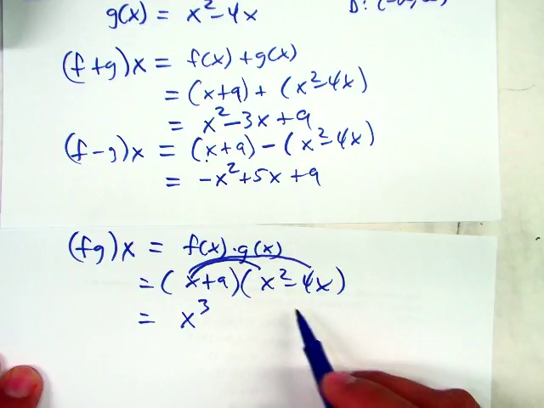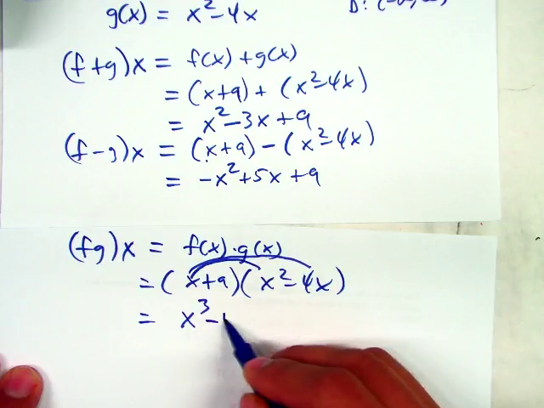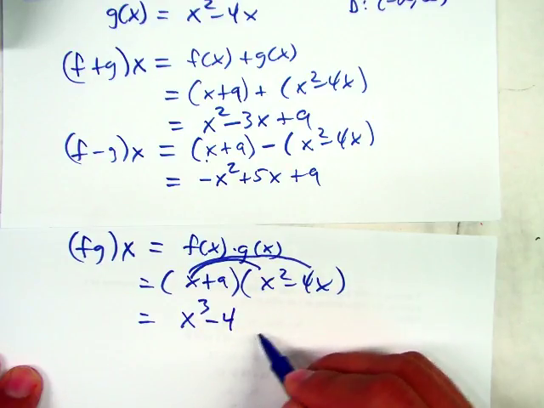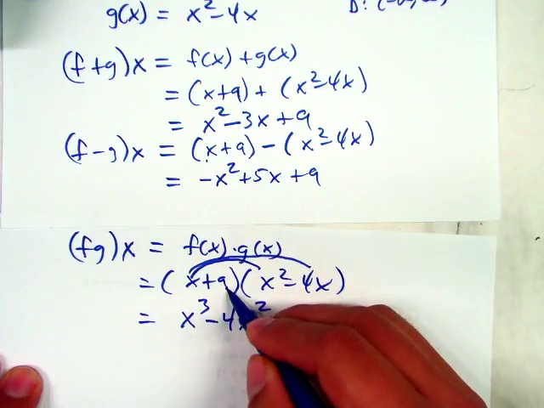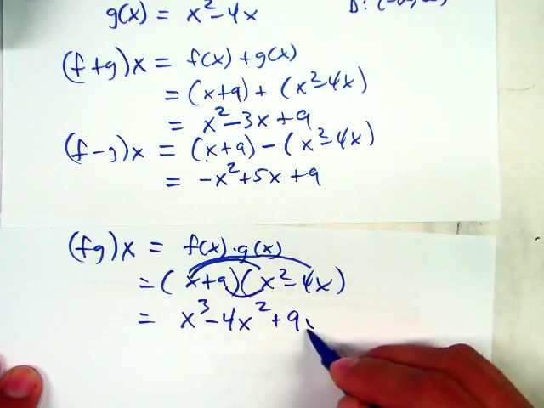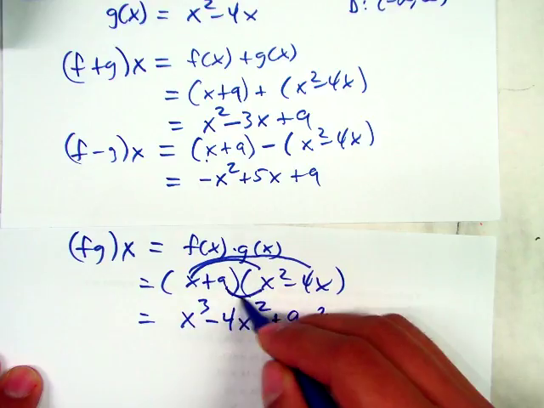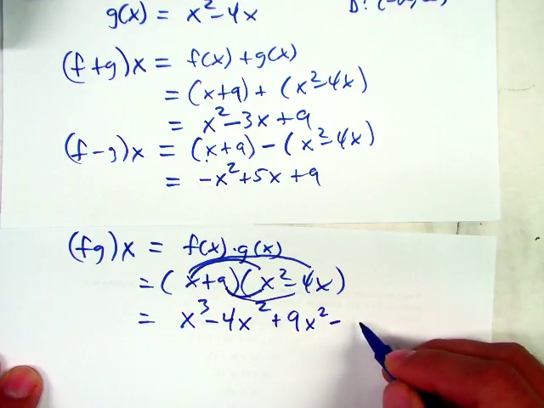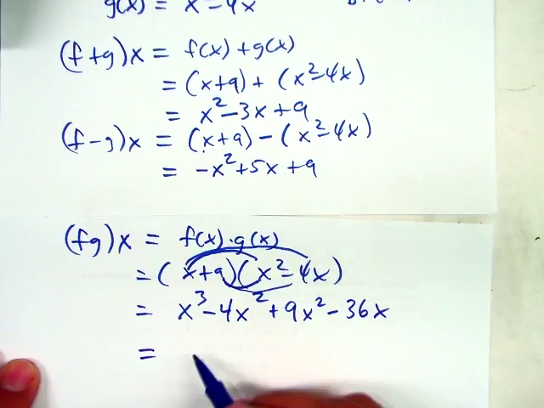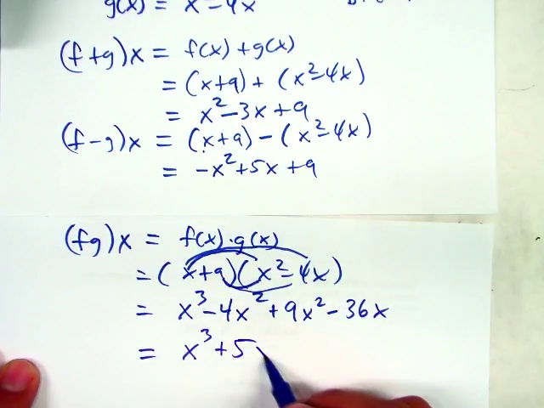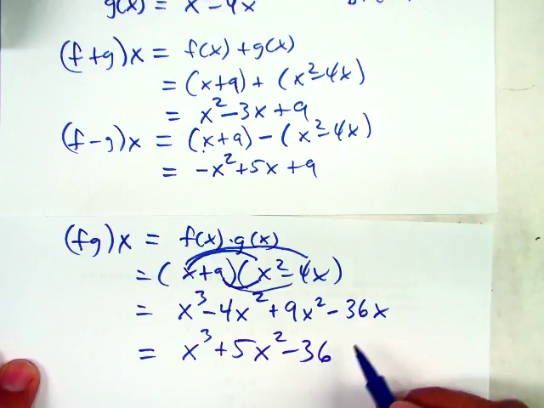X times negative 4x is minus 4x squared. Distribute the 9, so now it's 9x squared. And then last term is minus 36x. So then the final answer is x cubed plus 5x squared minus 36x.